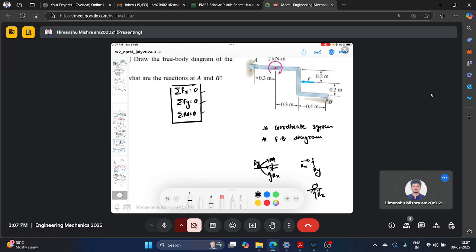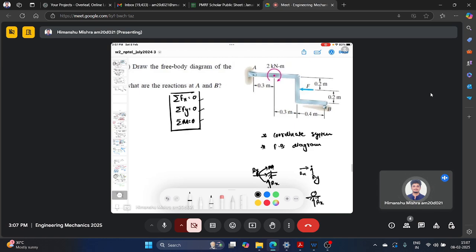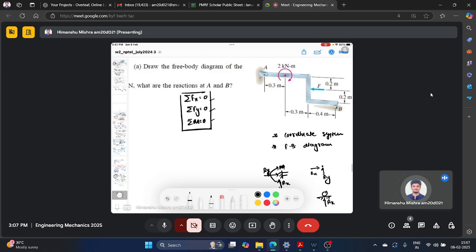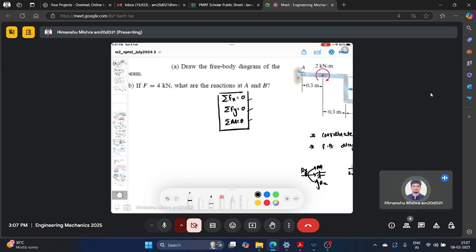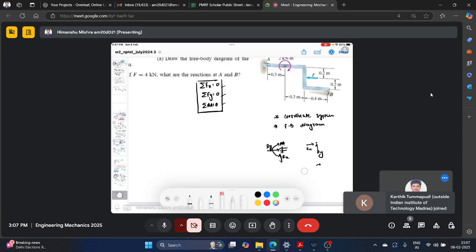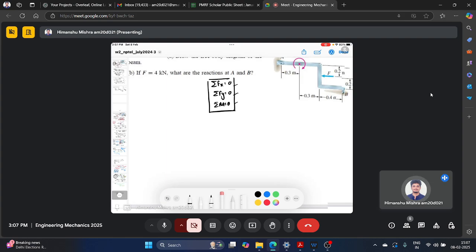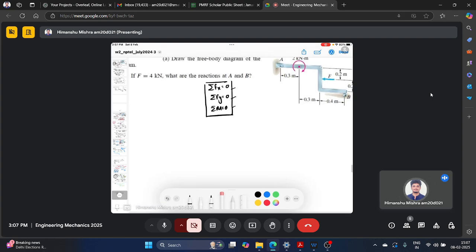So now we will be using the equilibrium concept for this problem. Here, first we need to draw the free body diagram, and then we need to find the reactions at A and B in this problem. We know the approach; we are just solving this problem for more practice.